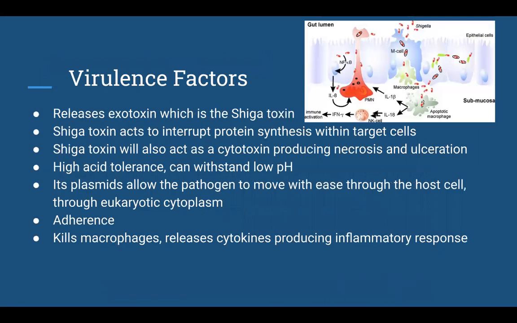So moving along here with the virulence factors, we know that, again, it's releasing the exotoxin, Shiga toxin. But what makes this such a unique virulence factor is that it also has the ability to interrupt protein synthesis within the target cells. And not only that, but it can act as a cytotoxin as well, which produces the pathology in the body known as necrosis or ulceration.